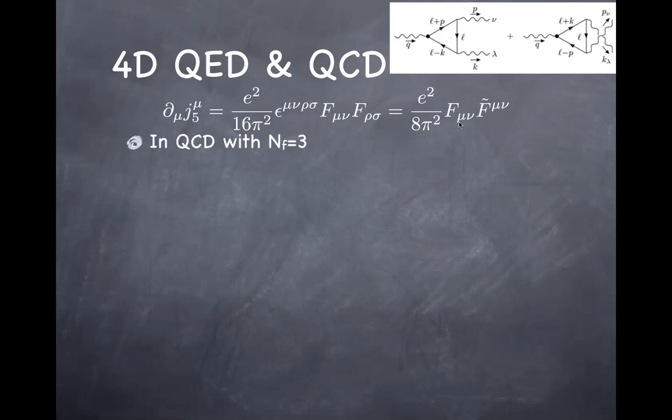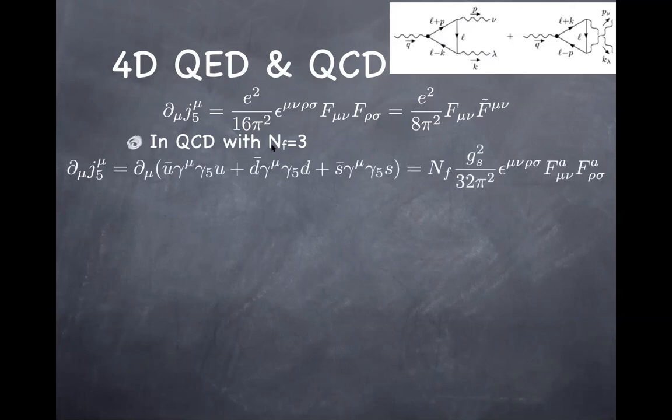And in the case of QCD, the only thing you need to change is that this gauge boson is now a gluon instead of a photon. And it comes with, of course, the matrix T^A, one of the generators here. So in the case of 3-flavor QCD, where we have up, down, and strange quarks as quark species, and to the extent we ignore their masses, classically this axial current is supposed to be conserved.